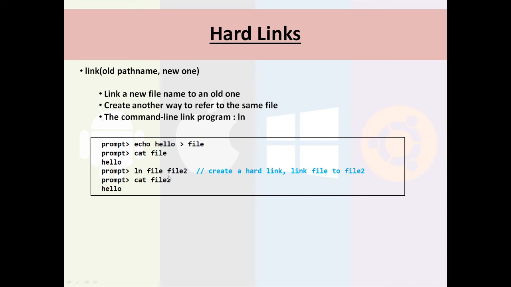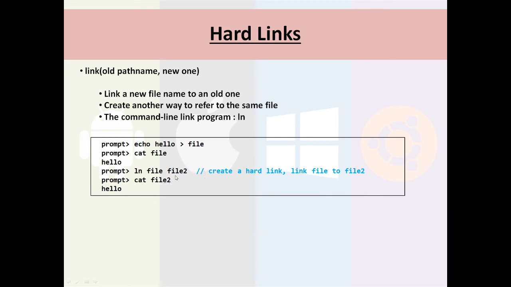file. So the way link works is that it simply creates another name in the directory you're creating the link to. So the other name was file 2. And it refers to that same inode number.